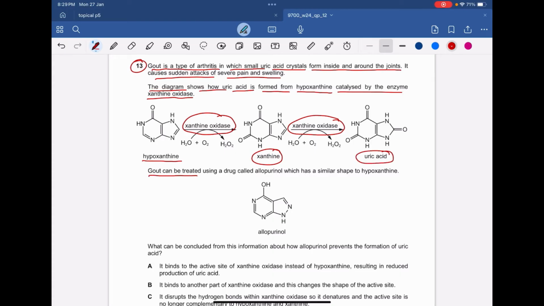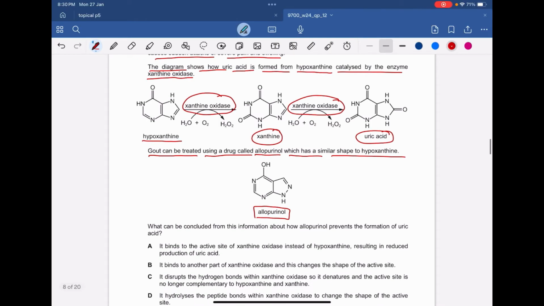Gout can be treated by using a drug called allopurinol, which has a similar shape to hypoxanthine. They are saying that this drug can be used to treat gout arthritis.